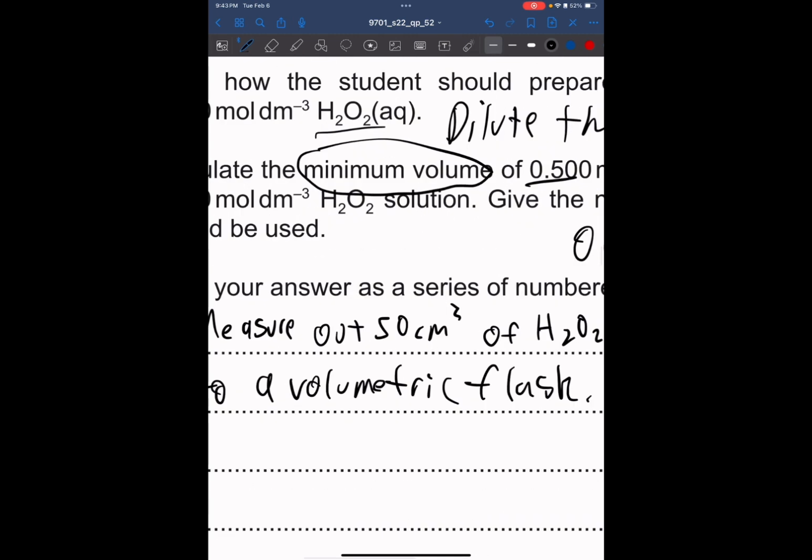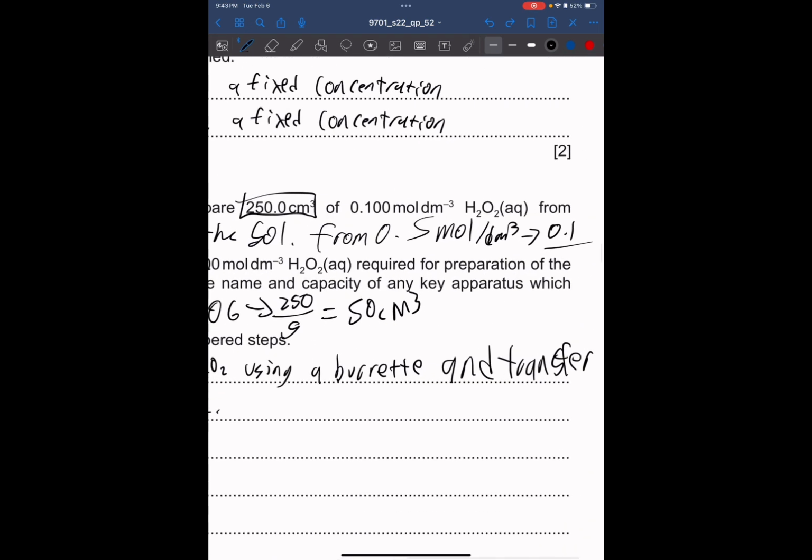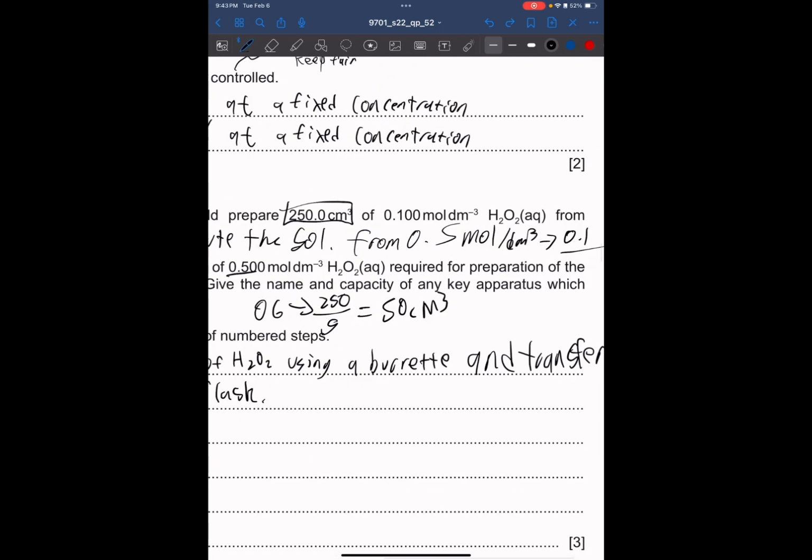Why can't we use a beaker or a conical flask? The thing again is that we want to be precise. Our measuring cylinders and our conical flasks are somewhat accurate, but not really. They just give a very rough idea of what's inside our container.